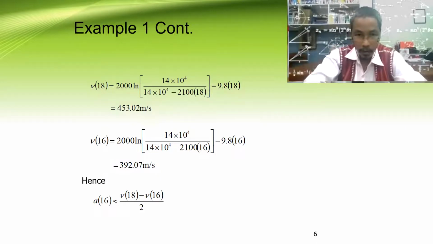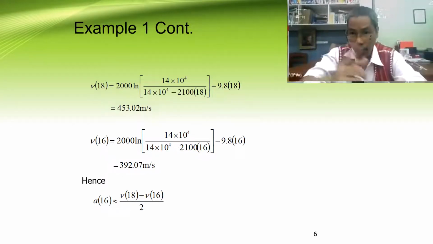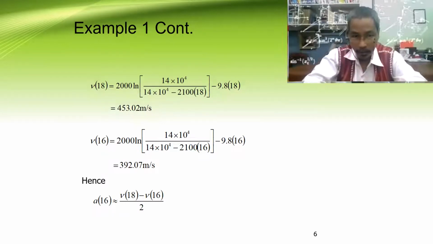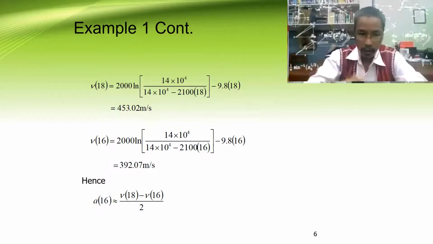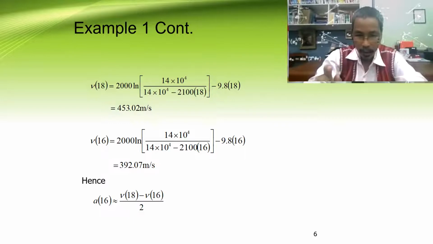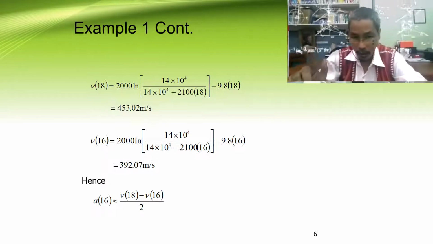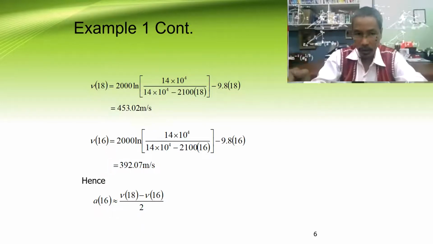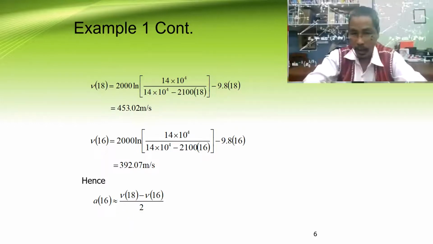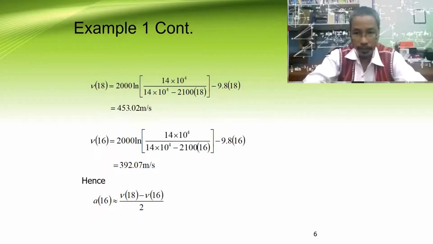Use your calculator, please, as practice. Input 2000, press natural log, then the quantity 14 times 10 raised to the exponent 4, divided by the quantity 14 times 10 raised to the exponent 4 minus 2100 times 18, close parenthesis, another close parenthesis, minus 9.8 times 18, and press equal, and you will get 453.02 meters per second.